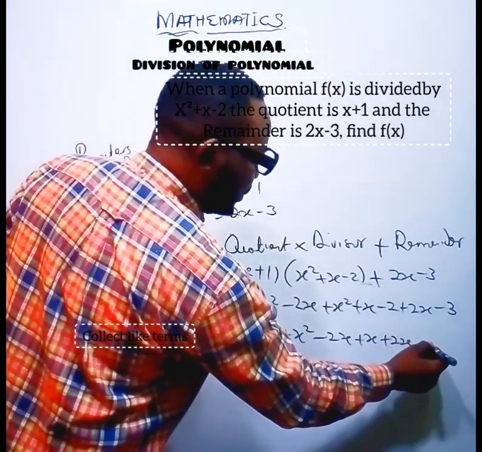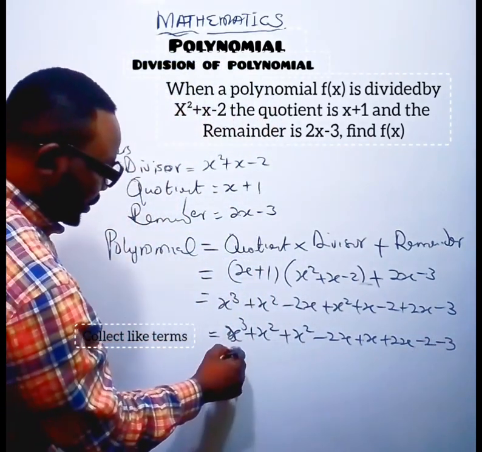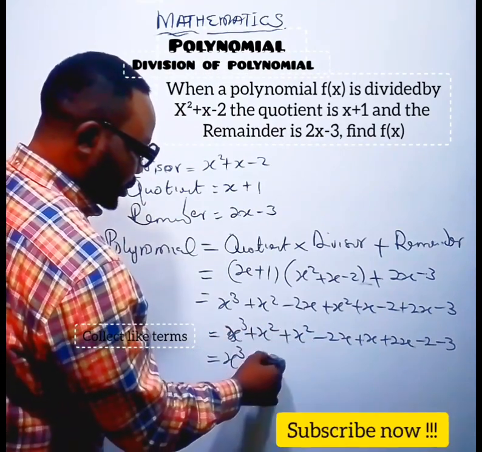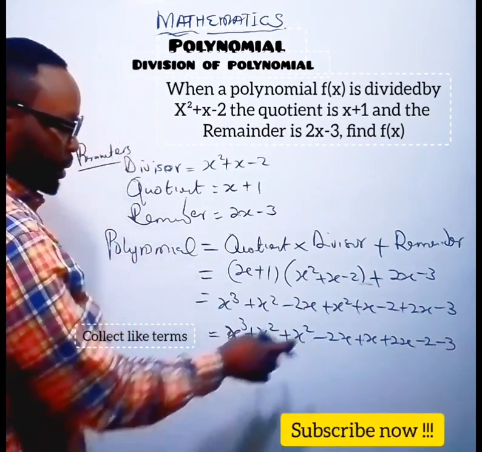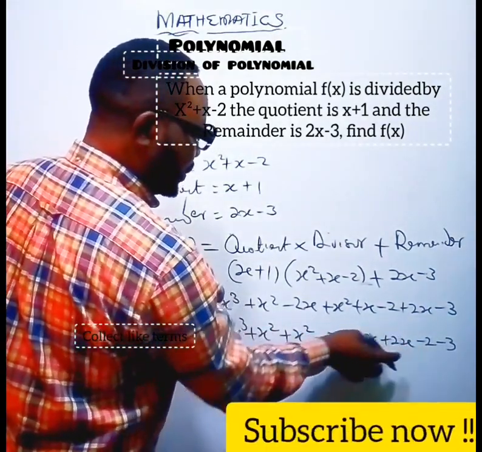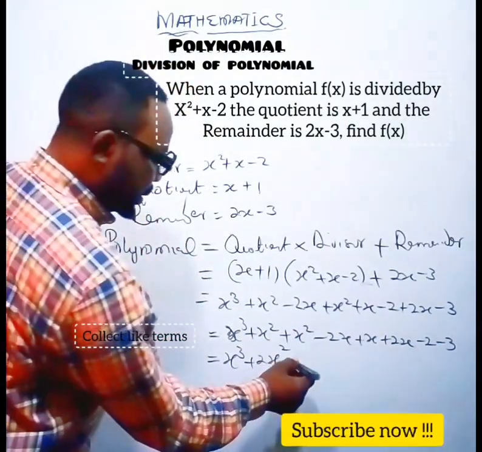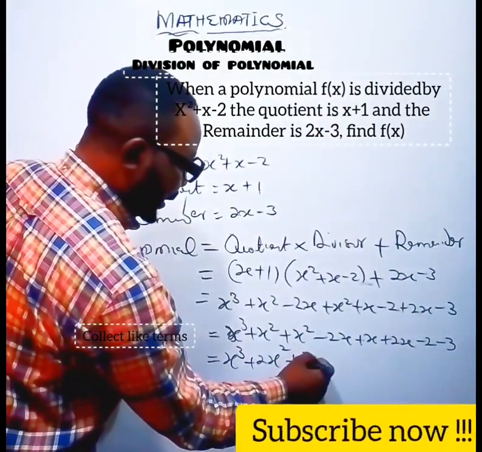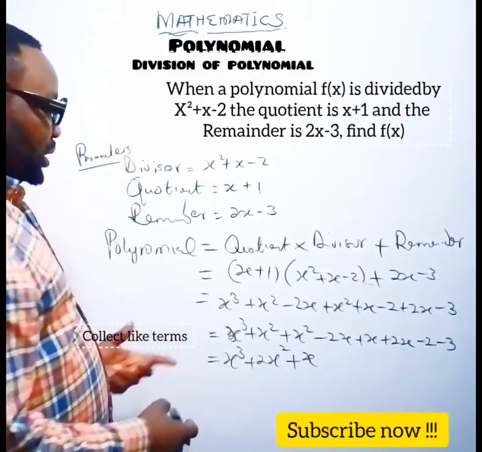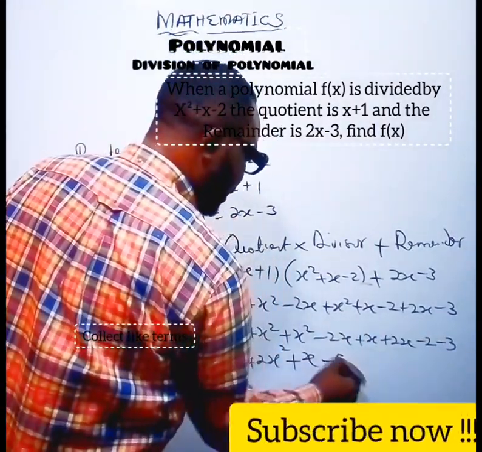We have minus 2 minus 3. So we are going to have x cubed plus 2x squared. Minus 2x plus x plus 2x, that's plus 3x. Minus 2x plus 3x, that will be equal to plus x, because 3x minus 2x gives plus x. Minus 2 minus 3, that will be minus 5.